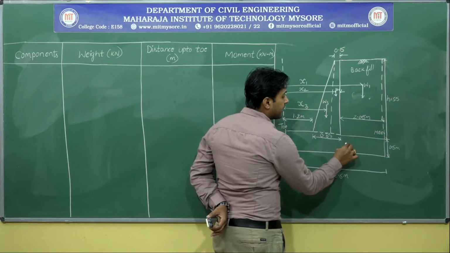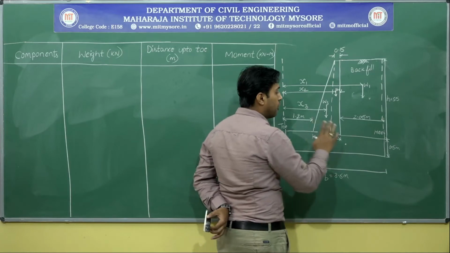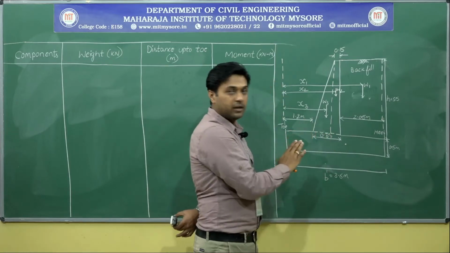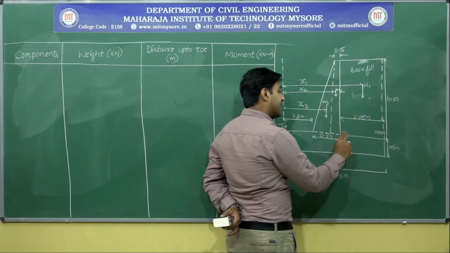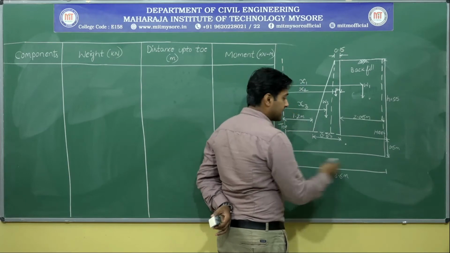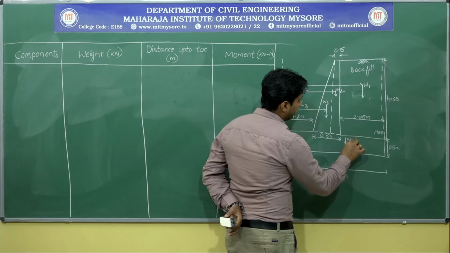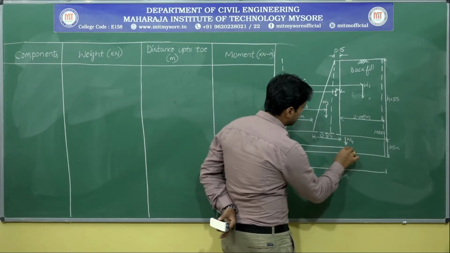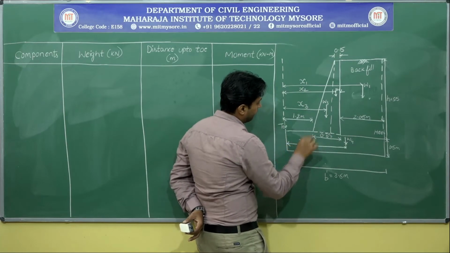So the centroid comes somewhere over here. As I have not drawn it to scale, you might feel that the centroid should come over here. Nothing like that. Actually, if I draw it to scale, the centroid will lie exactly at the center. So let me call this particular portion W4, and that distance, I will be calling it x4.